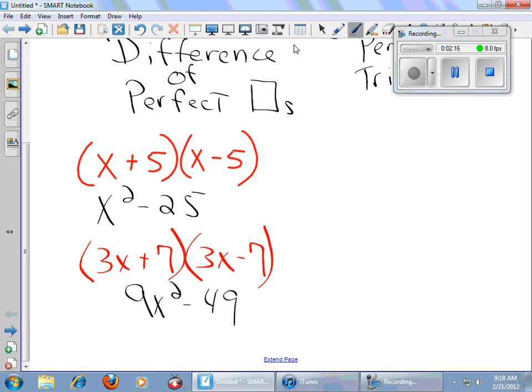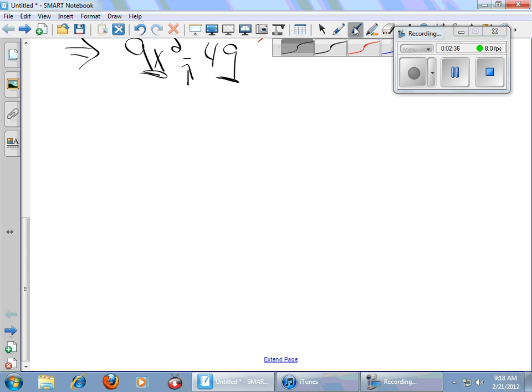These answers in black here are the difference of perfect squares. This term is a perfect square. The second term is a perfect square. And it's subtraction. Perfect square, subtraction. So to factor according to the difference of perfect squares, let me write that again.